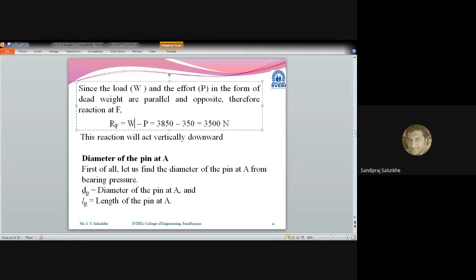That's why this vertical force RF, which we have considered as downward direction, is equal to W minus P. So naturally, this RF will act in downward direction. Do you have any question up to this? How is the direction of that RF downward?